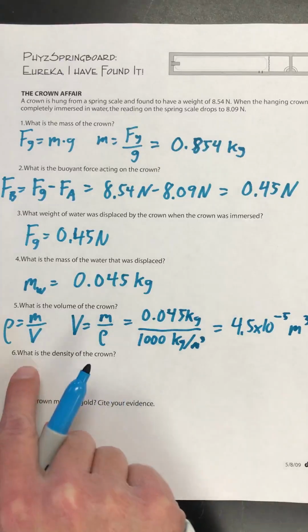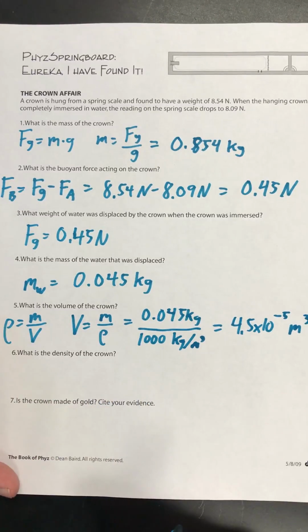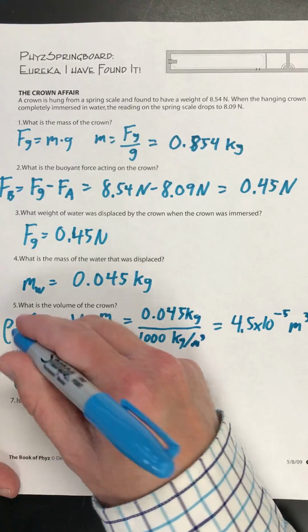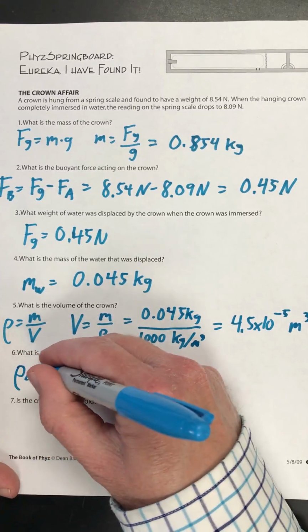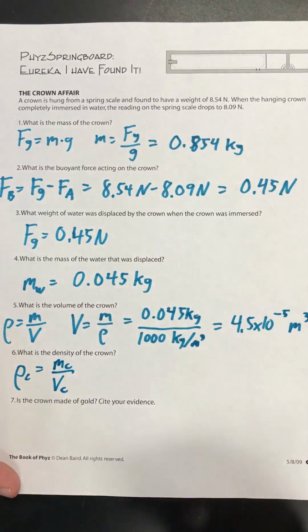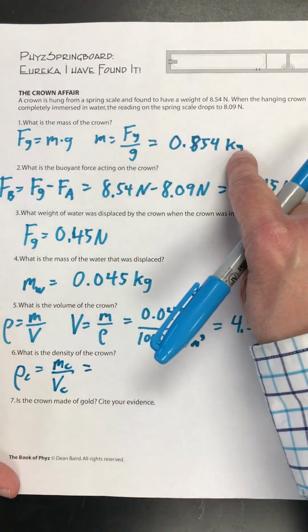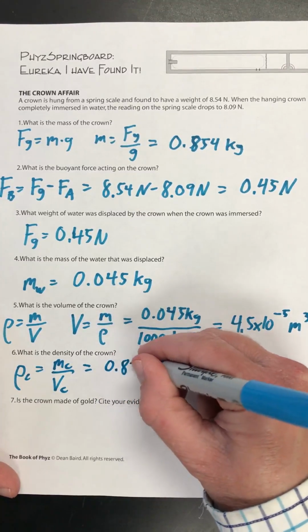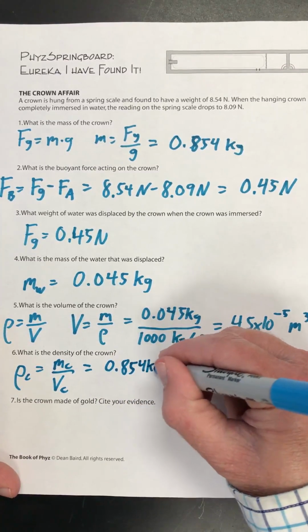So what is the density of the crown? Again, people get stuck here. Now we're going to use our density equation again, but the density of the crown will be the mass of the crown divided by the volume of the crown. The mass of the crown, remember, we solved for up here. That is 0.854 kilograms.